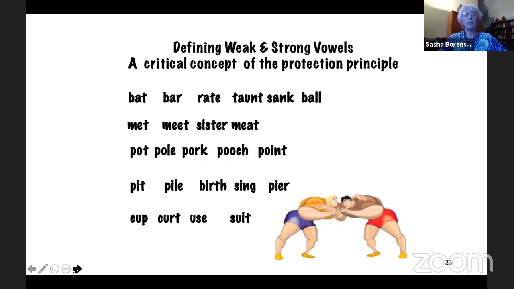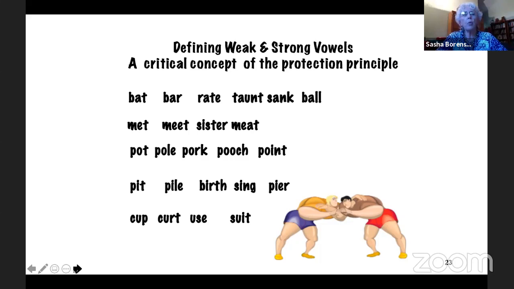So what I want to do for the rest of the time that we have today is talk about an idea that I don't know if anybody else talks about vowels this way or not, but it's worked well for me.